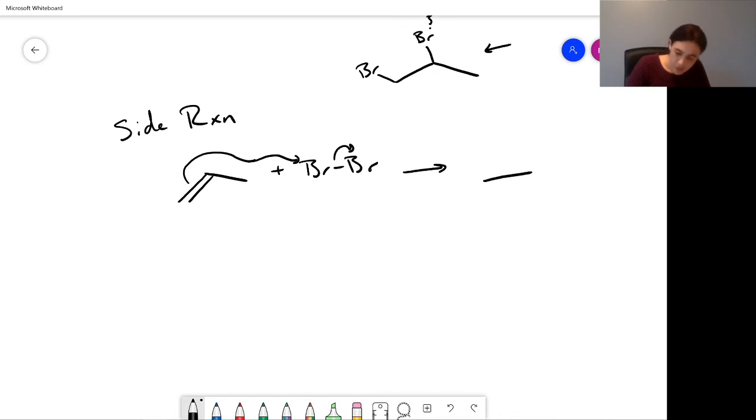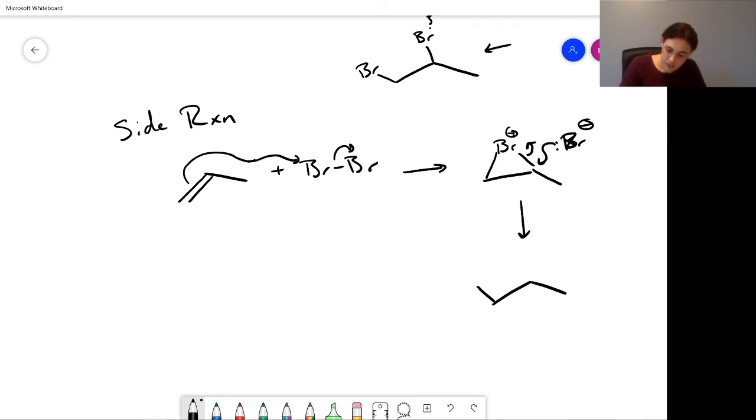You can end up forming this bromonium ion, which is then attacked by the bromide anion to give you your brominated species. So in general, we don't want this to happen.